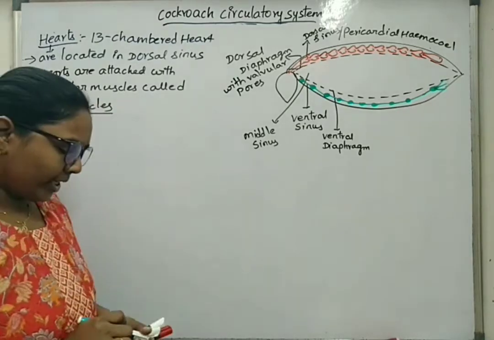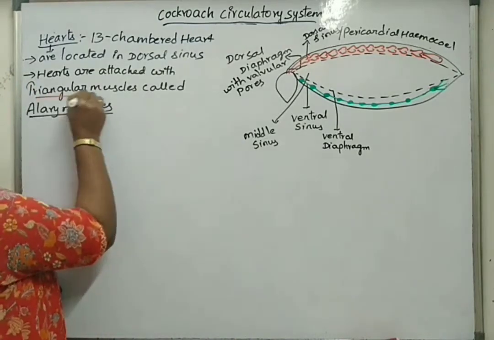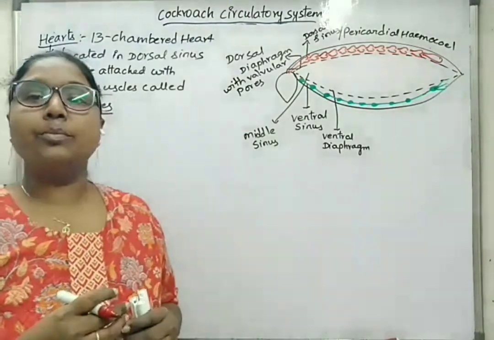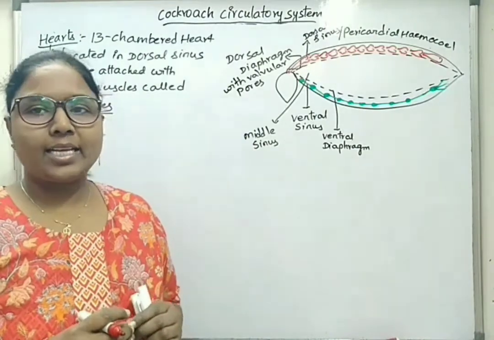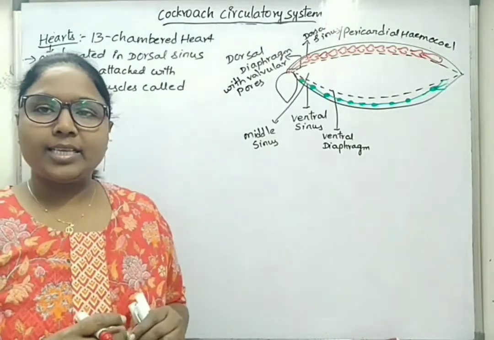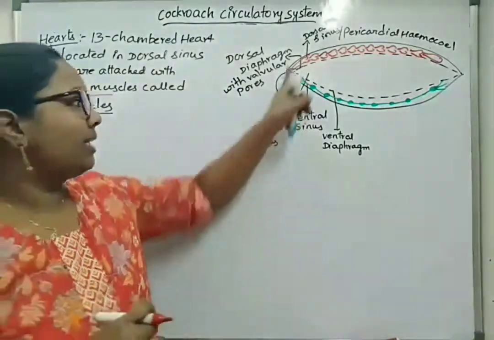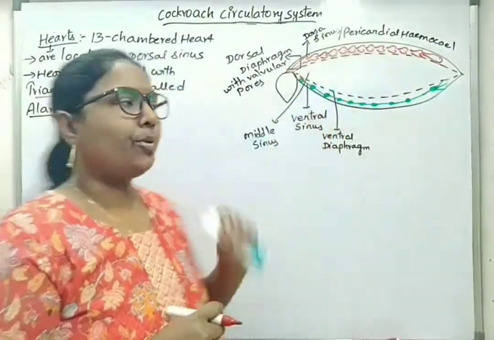Now, what is the location of these alari muscles? We said that they are triangular. Triangular means they have two different ends. One is the broad end, one is the narrow or pointed end. The broad end is attached to the hearts. The narrow end is attached to the lateral sides of the tergum. Tergum means the dorsal plate in the cockroach body.